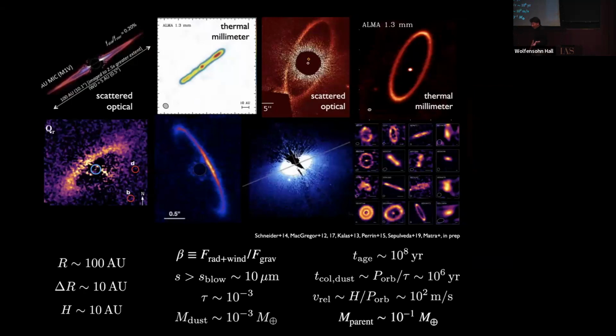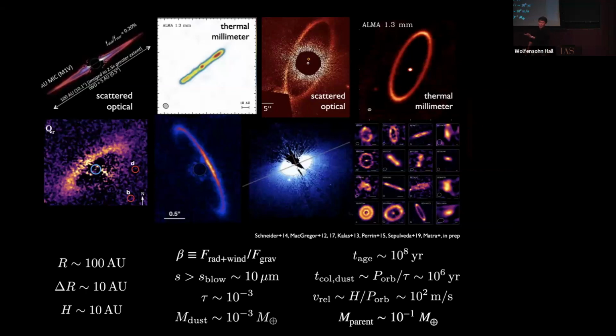For the most part, they look pretty normal, like rings just projected on the sky, sometimes a little eccentric. But this is what you see in scattered light. Increasingly, you see them in the thermal emission from ALMA. This is what the Kuiper belt is supposed to look like at an age of 10 to 100 million years. It has orders of magnitude more mass, maybe 1/10 of an Earth mass, sitting at the top of the collisional cascade, grinding down.